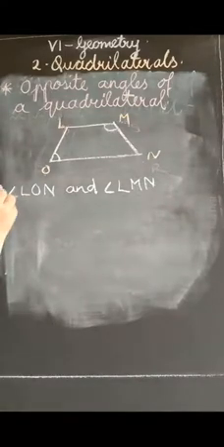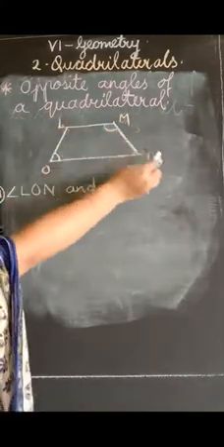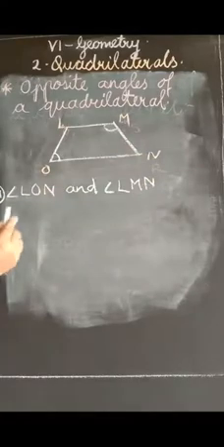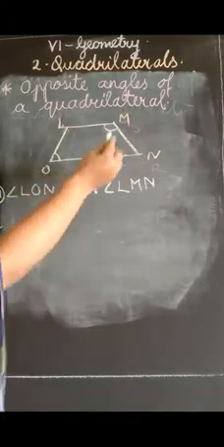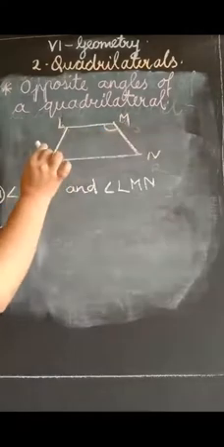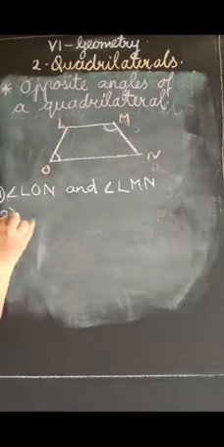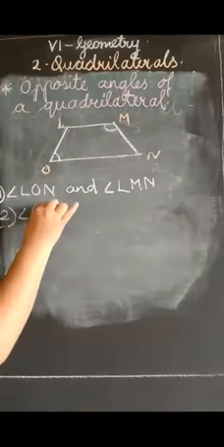The first one I have written on the board, that is angle LON and angle LMN. Now the other one is this way. See here, MLO, or you can say OLN. Anyway, either this way or this way. Suppose I am saying it as OLM.